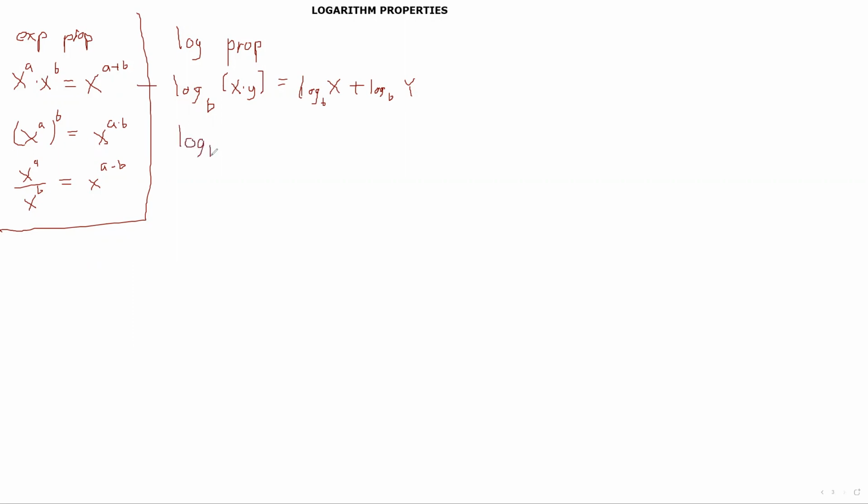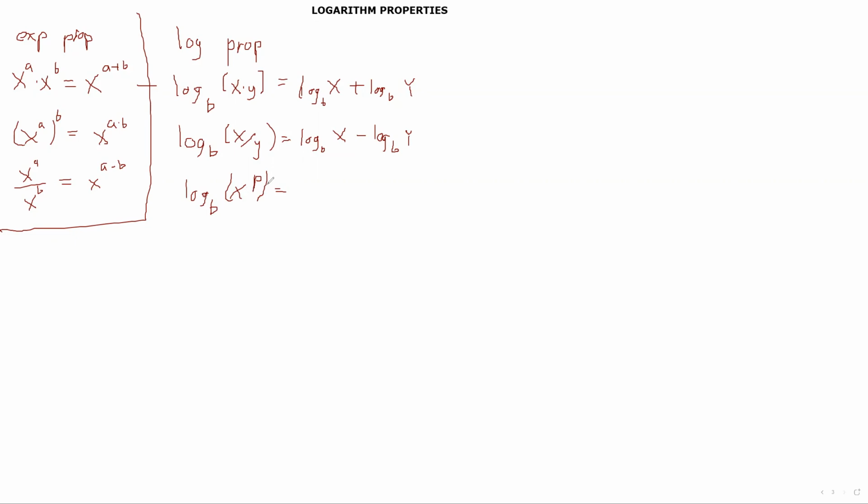Similarly, if you have a division on the inside, you can do the same thing, except that you will be subtracting. And finally, if you have a power on the inside, so if I say x to the p, and this is all on the inside of the logarithm, it's not log base b of x, parentheses, to the p.